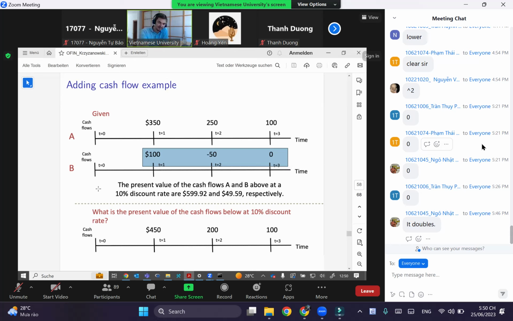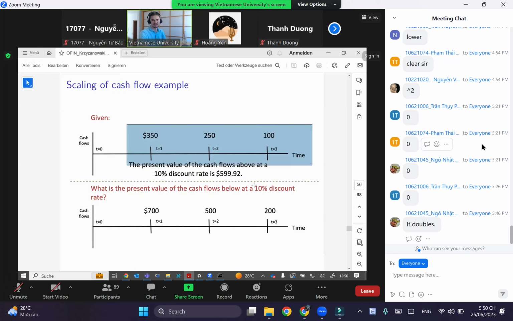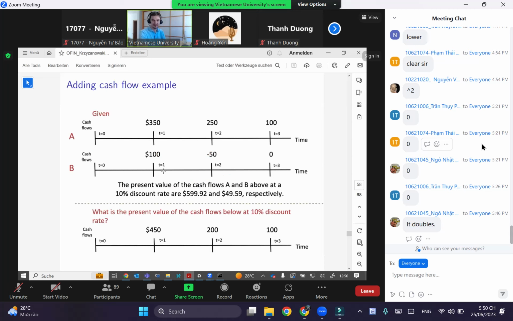At a 10% discount rate, which you can also double check by yourself, you could then derive that the present value of cash flow A is 350 divided by 1.1 plus 250 divided by 1.1 to the power of 2 plus 100 divided by 1.1 to the power of 3, which would give you then 599.92, which is exactly the same as in the previous example.